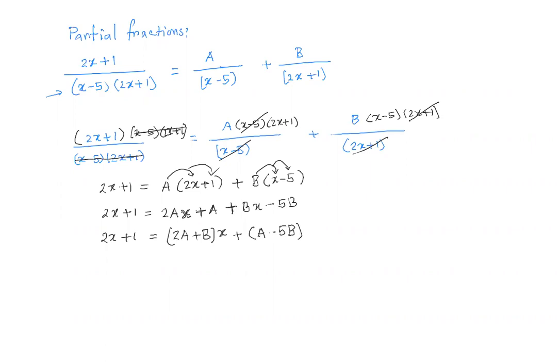Now you can see and make a comparison. As I said before, equations tell you that what is on the left is equal to what is on the right. So this is a polynomial equation, and in a polynomial equation, the polynomial coefficients match on the right and left.